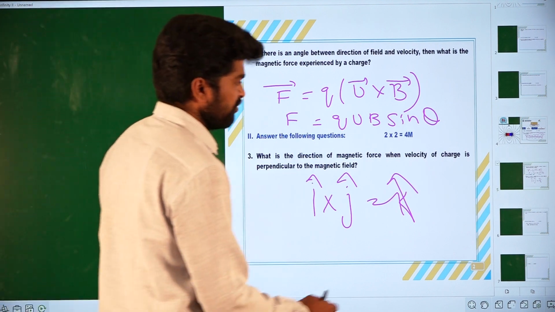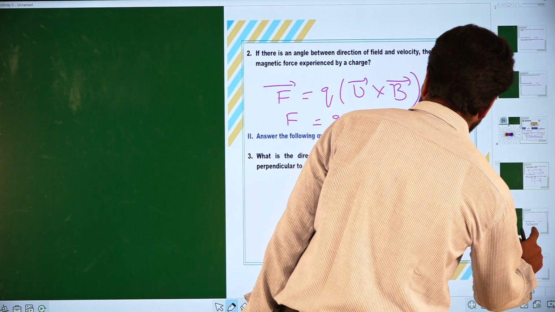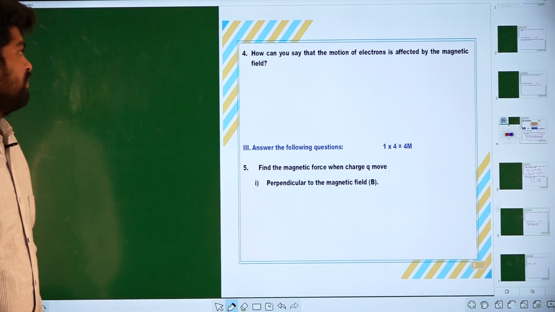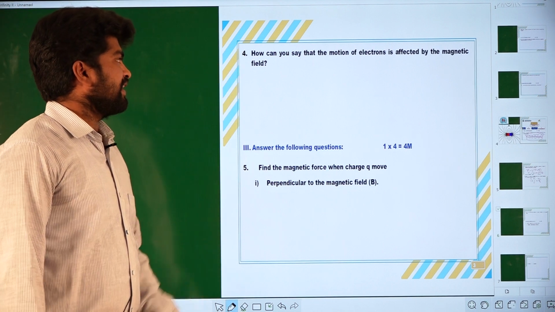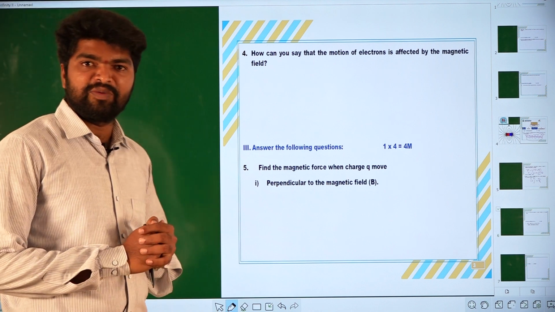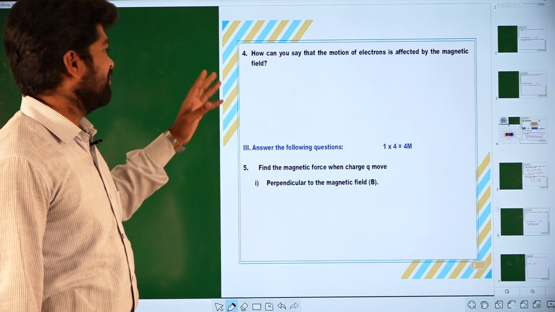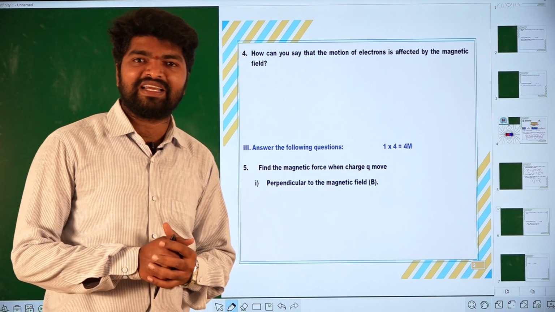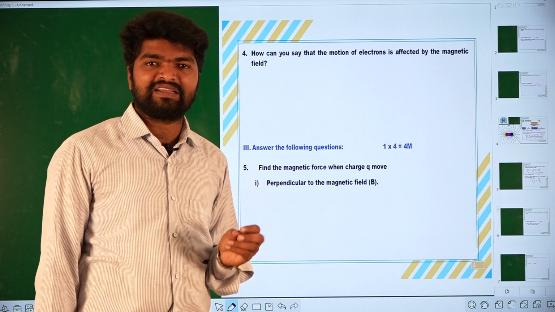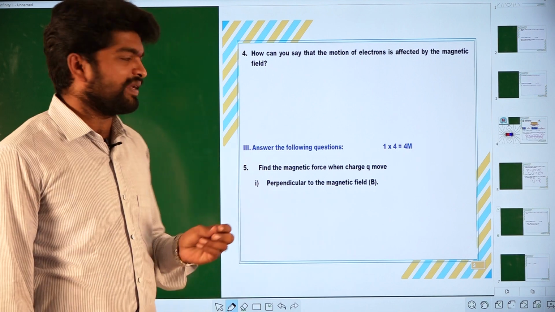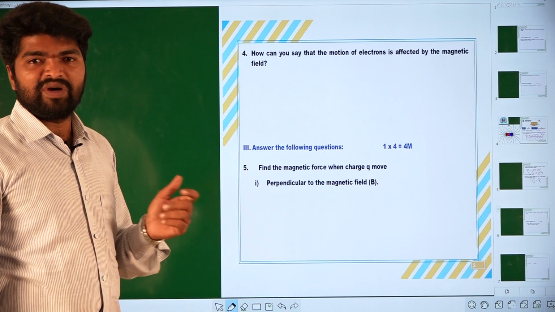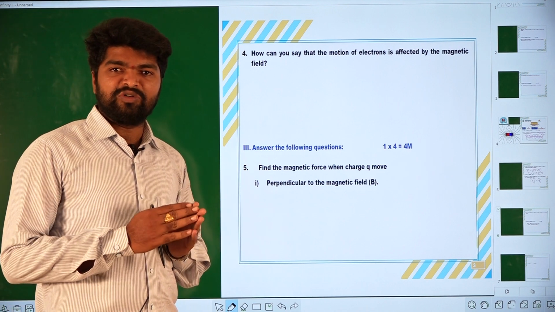Then coming to the fourth question, what is the fourth question here? How can you say that the motion of electrons is affected by the magnetic field? For this we have a small activity: if you take a bar magnet, or any type of magnet, and bring it nearer to the TV, what happens to the electrons in motion inside?